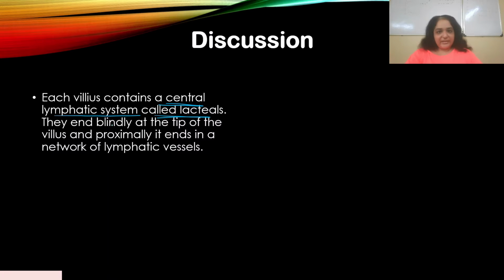And they end blindly at the tip. Anatomically they're placed like that. They end blindly at the tip of the villus, and proximally it ends at the network of lymphatic vessels. So on top it's a blind structure, and then it goes down like that proximally. That means at the bottom side there's a network of lymphatic vessels over here.